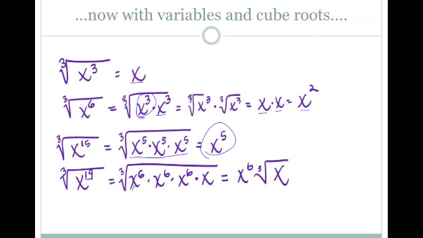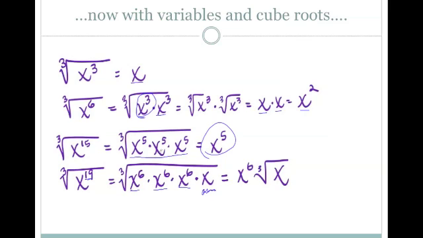X to the 19th. I could divide that up into groups of 6. So x to the 6th times x to the 6th times x to the 6th. Well, the cube root of all of those gives me x to the 6th. So now I'm left with just the cube root of x inside.